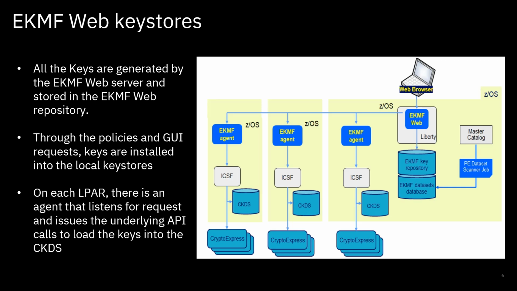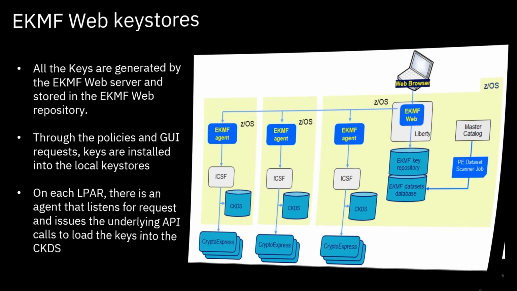On each LPAR, EKMF has an agent that listens for requests and issues the underlying CSF API calls to load the keys into the CKDS. These require an EKMF agent to be installed on each system that has a unique CKDS. If you are sharing a CKDS in a sysplex, for example, you need one agent per sysplex.